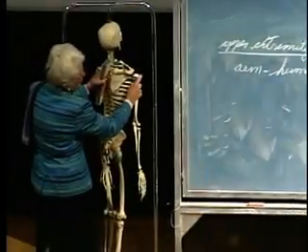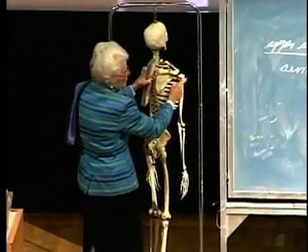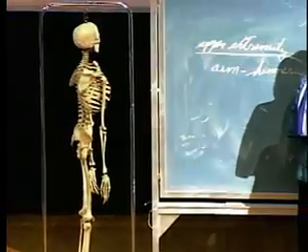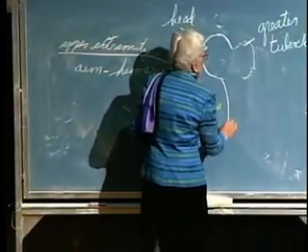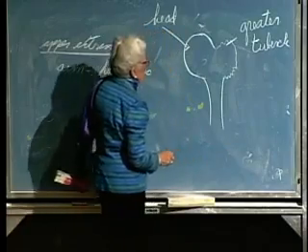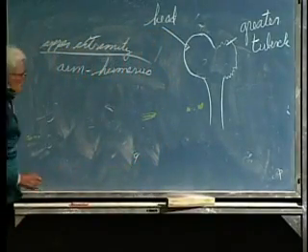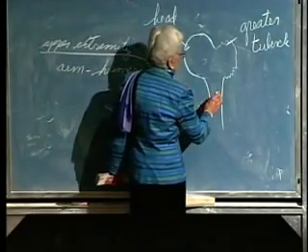This is a posterior view, so you can see the head here, greater tubercle out here. And then we'll have the shaft coming down like this, which will have the deltoid tuberosity.